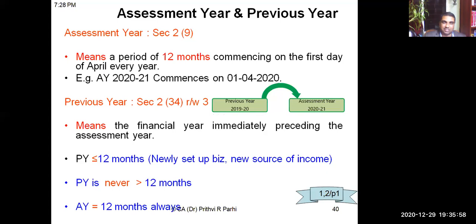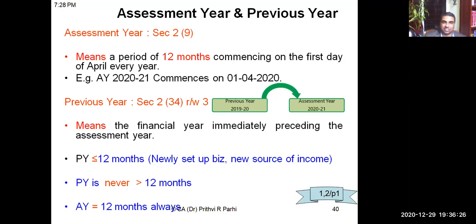Assessment year and previous year are related. Related in the sense, income which is earned in the previous year is assessed in the assessment year. Income is assessed in the assessment year, but it's earned in the previous year. And previous year has been defined under section 2, clause 34, read with section 3.